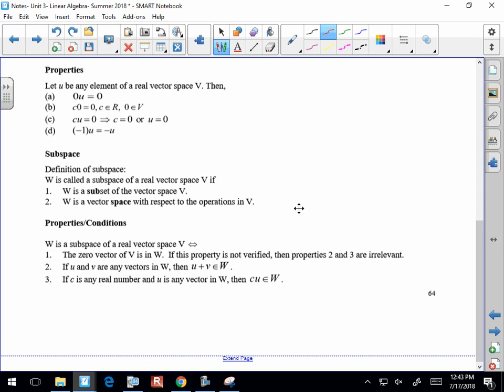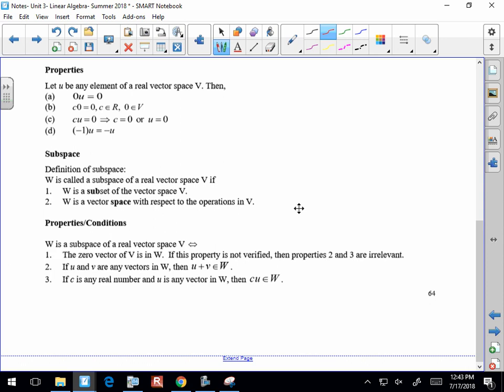All right. The properties and conditions are the most important component. Obviously, well, it will be obvious. So when we say subspace, that means you have a vector set, a space of vectors, right?